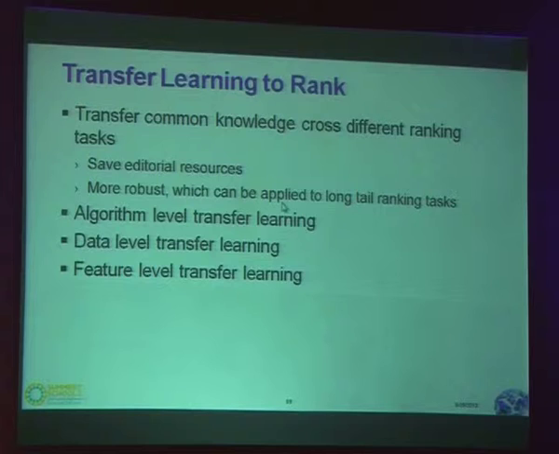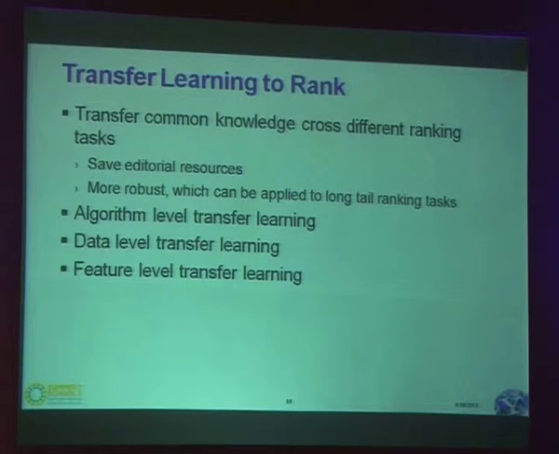In terms of transfer learning, for example, we have a lot of training data on news search. Now we want to solve, say, the answers search problem or the tweet search problem. How can we transfer the common knowledge across different ranking tasks? If we have a good algorithm, first it can save a lot of editorial resources.